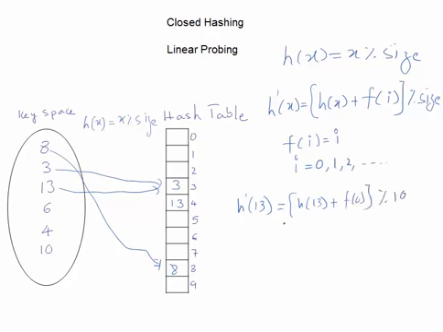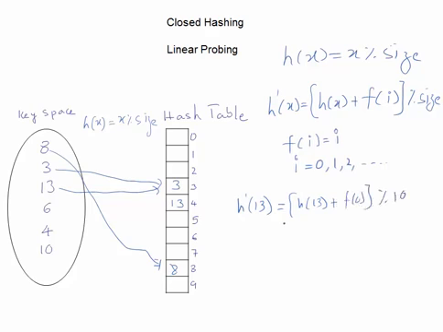So we got the answer as 4. So that's how the value is stored at index 4. So we use this h dash of x as a hash function and we store the element. If there is a collision, then we take the next value of i. Even if there is a collision again, then we take the next value of i and so on.